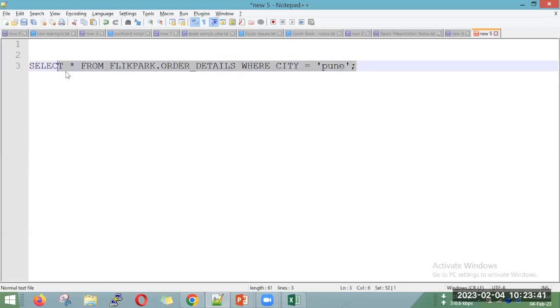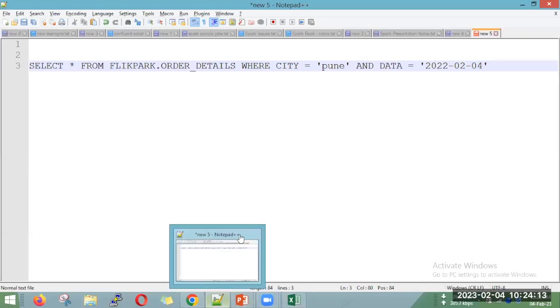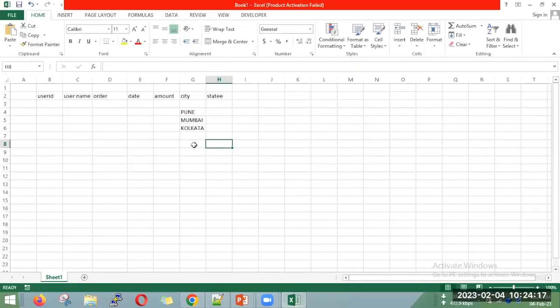So queries इतने सिंपल नहीं होती हैं, it will be more complex. अब इसमें डेवलपर मल्टीपल कंडीशंस ऐड करते हैं, मान लीजिए सिटी पुणे हो, and ट्रांजेक्शन डेट, एक और कॉलम है हमारे पास डेट वाला, date equal to 2022-02-04. तो इस तरह का कॉम्प्लेक्स कोडिंग लिखते हैं, जहाँ as per the requirement of the management they will write the code, and from the list of data they pull out the information, or we can say the insightful data, which is helpful for decision making for the management.